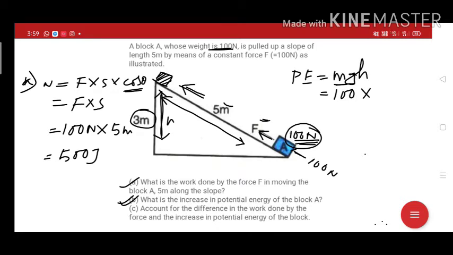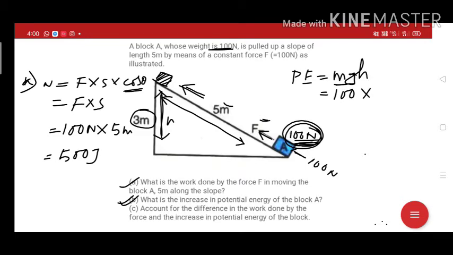We often think that this 100 Newton is mass, and we then multiply the g with 100, and that is totally wrong. They gave you the weight in Newton. That means they already multiplied the value of g with the mass of the body. They have given here m and g all together, and that is 100 Newton.